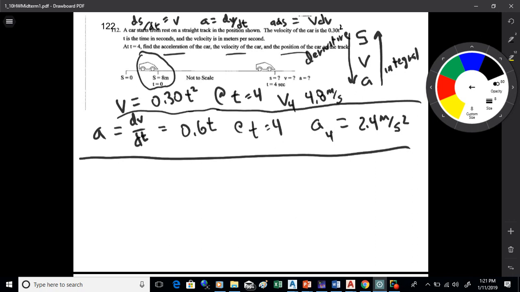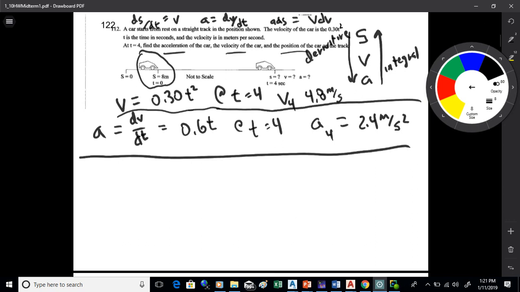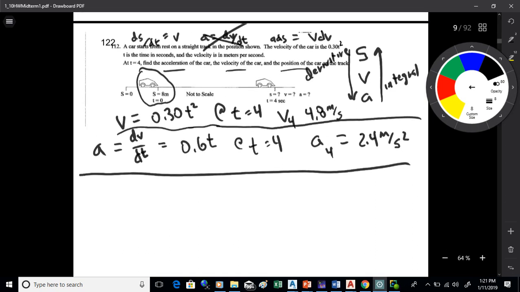Now, I need to involve s, because that's what I'm after, displacement, and I've already used this one, so that one's out. I have the acceleration and velocity as functions of time, not of displacement, so I don't think that one's going to work either. So I think I'm on the one on the left. Okay, and that's my thought process.